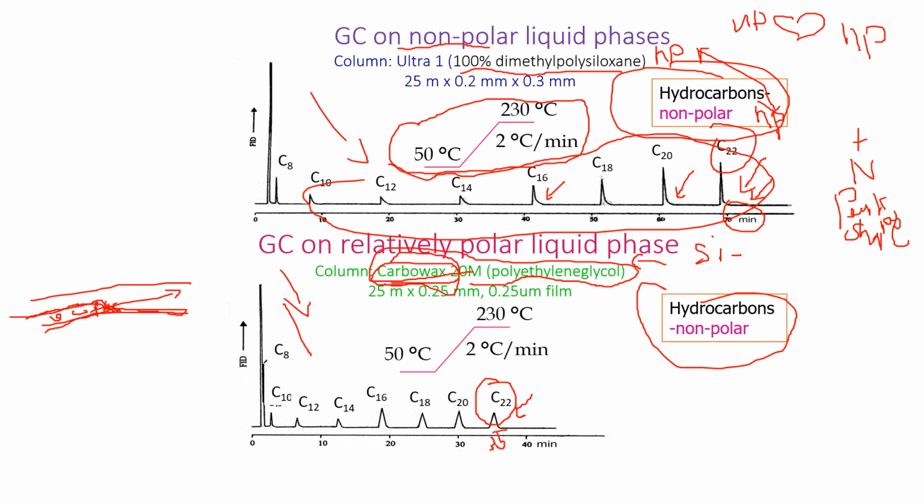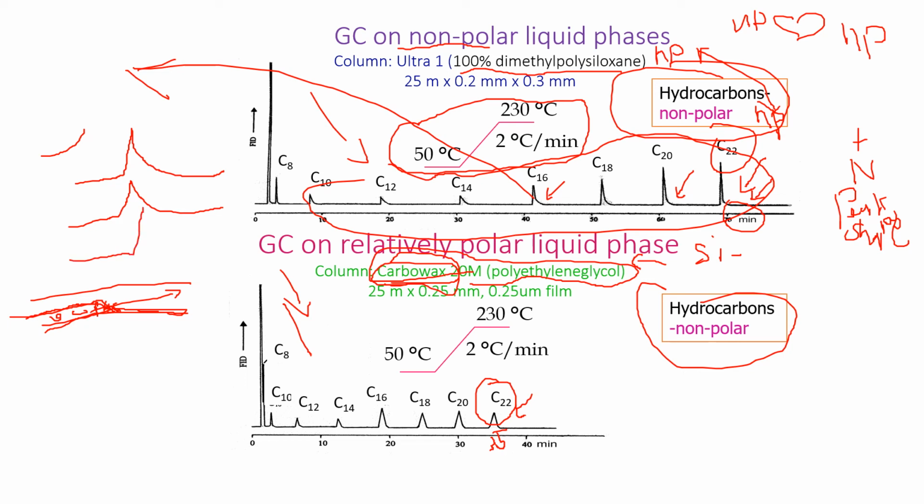This is double. Okay, and also there is no peak tailing. So this is peak tailing here. At first it is okay, then later it is not okay. This is peak tailing. We want something like this, right?